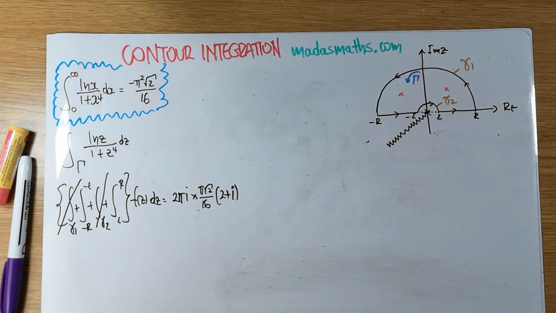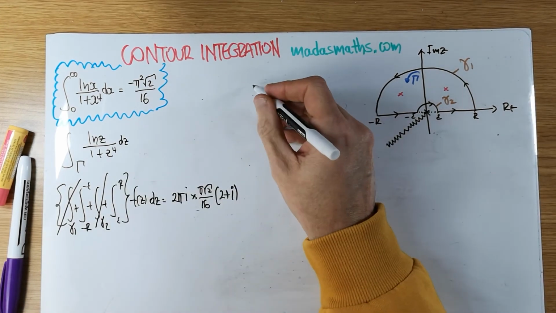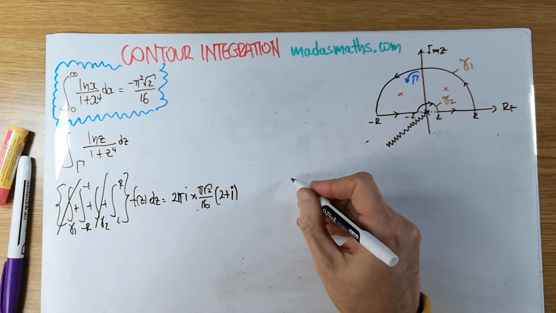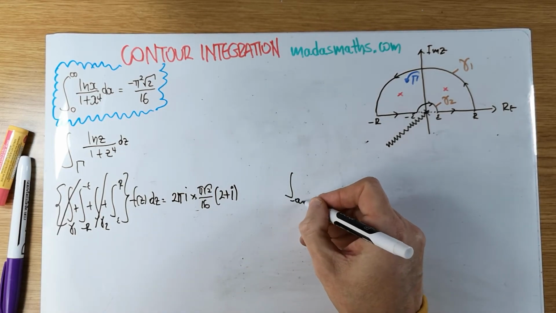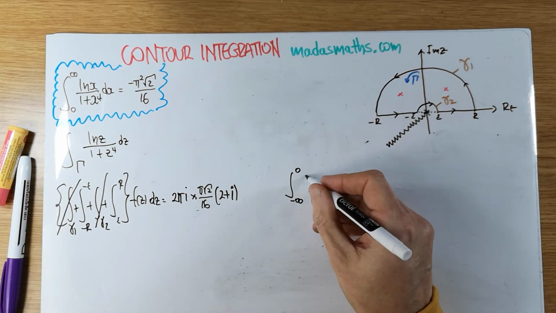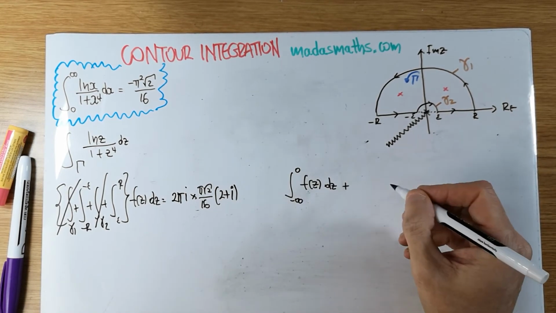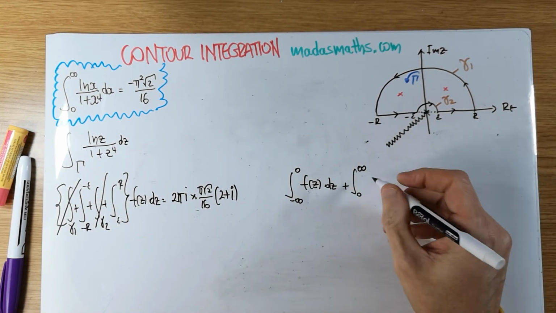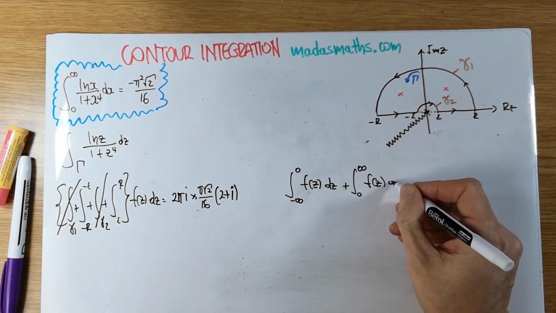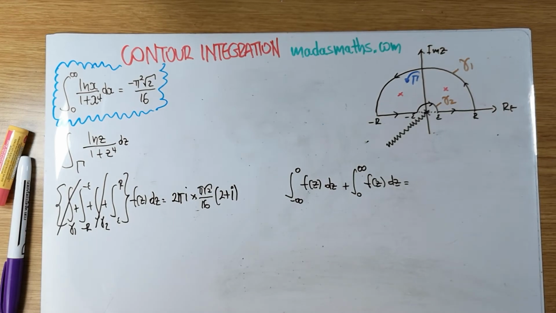Okay. So what I can say here is the integral, actually let me just write it here, from minus infinity to 0 of f of z dz, plus the integral from 0 to infinity of f of z dz, is equal to this quantity here. So we simplify this a little bit. What do we get from this one?